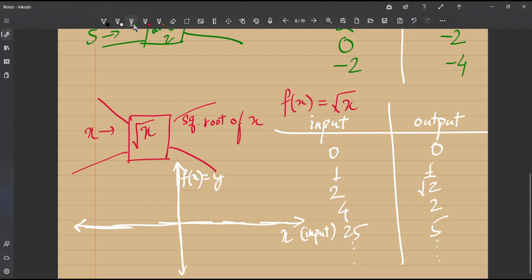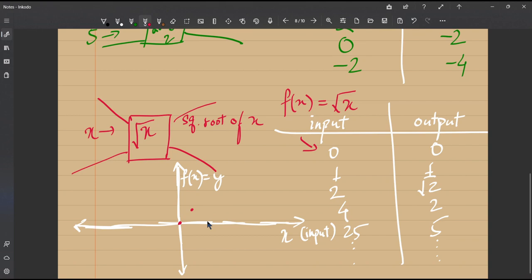So if I had to plot this function, how would it look? 0 comma 0 would be a point. It's this point: input value 0 and output value 0. 1 comma 1 would be a point. My graph won't be accurate, of course, but 2 comma root 2 would be a point, and root 2 would be something short of 2 and greater than 1.